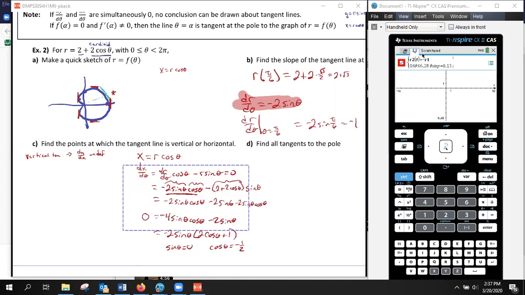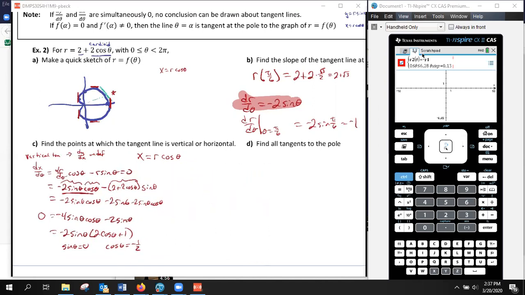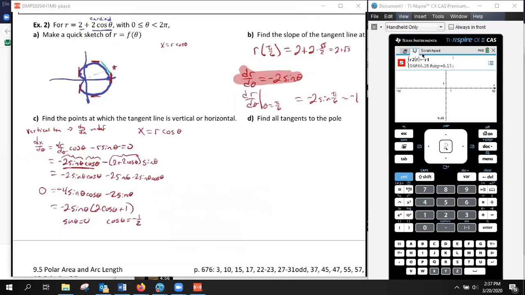I'm going to shift this over just because that's where I started it. So sine of θ equals 0 at 0 and π. Cosine of θ is -1/2 at 2π/3 and 4π/3. Definitely much nicer.